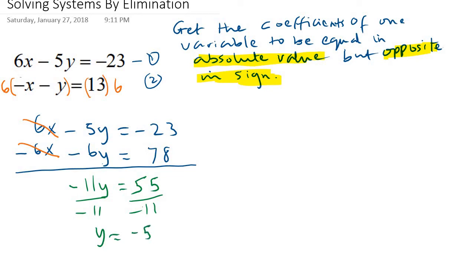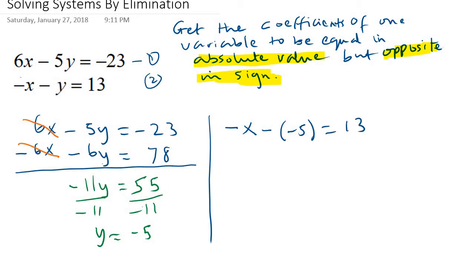Once I have my value for y, I can go ahead and plug it into one of the equations. So I will use the second equation. I will have negative x minus negative 5 equals 13.